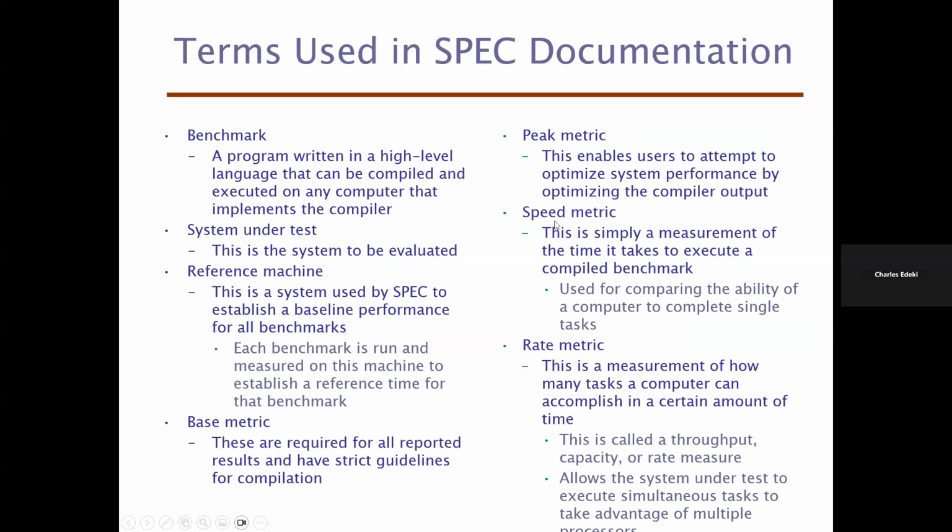Now, the terms used in SPEC documentation are the peak metric, speed metric, etc. A benchmark normally will be a program written in a high-level language that can be compiled and executed on any computer that implements the compiler.